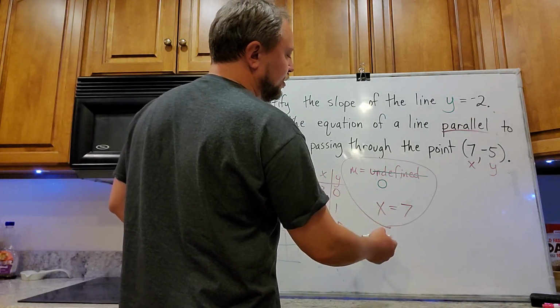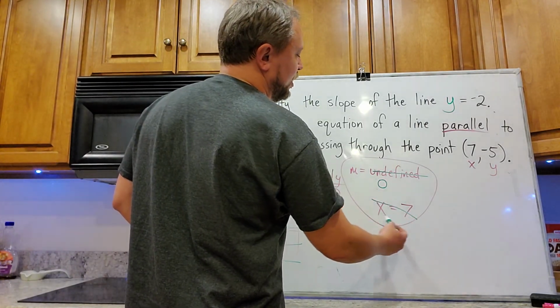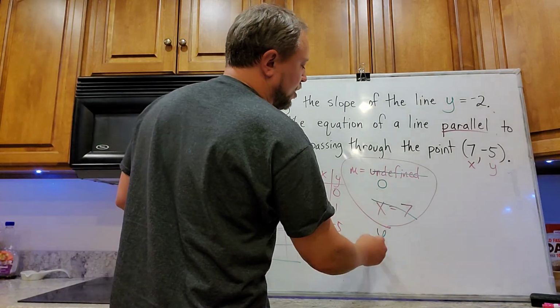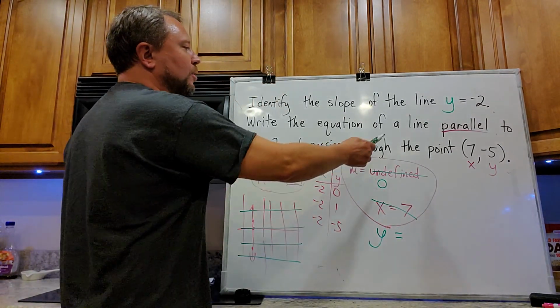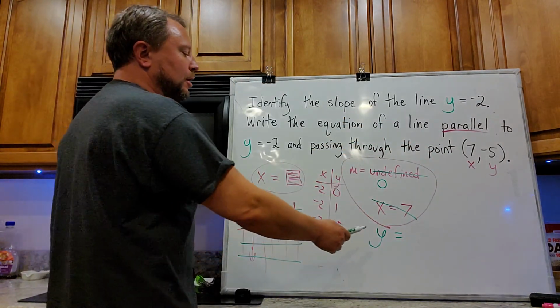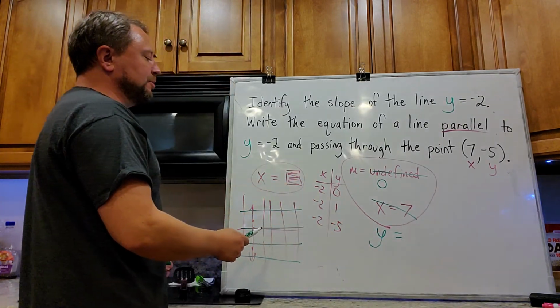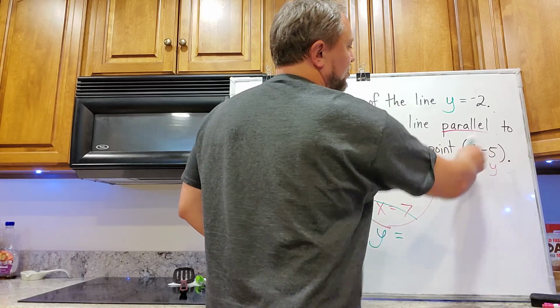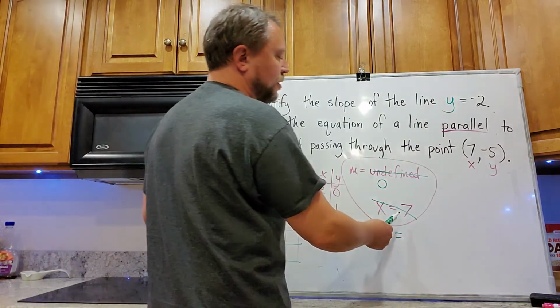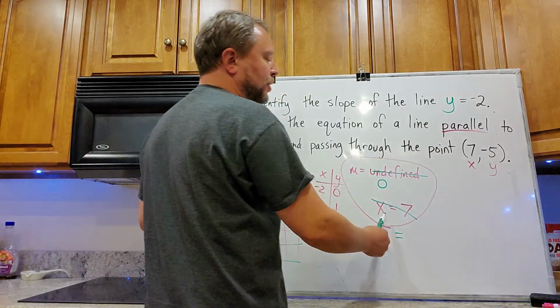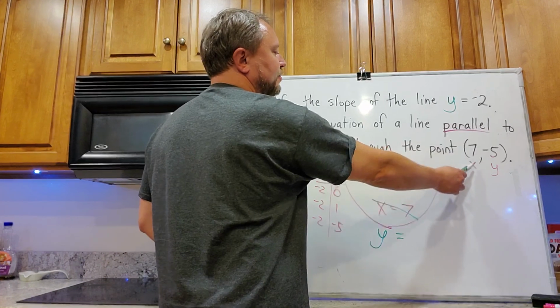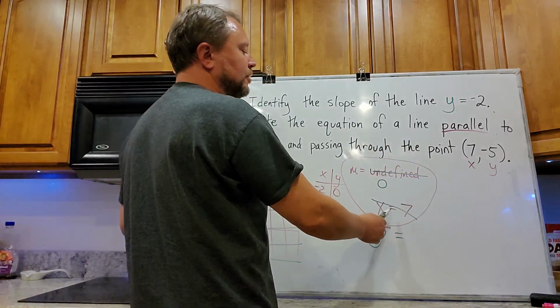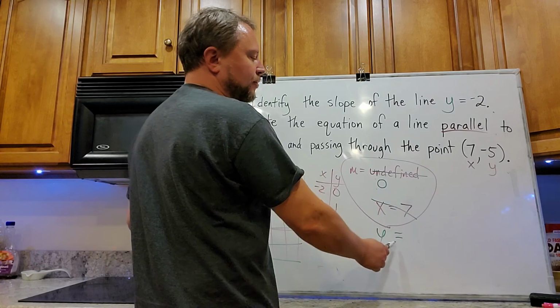And down here, instead of the equation x equals 7, our answer is going to be, if I want a parallel line to it, another y equals equation. But it's got to pass through this point yet. So instead of, like on our previous problem, when we stole the 7, the x value, now I want to steal the y value.